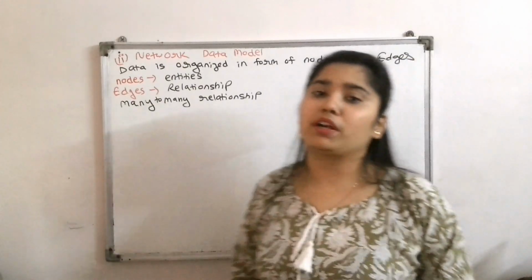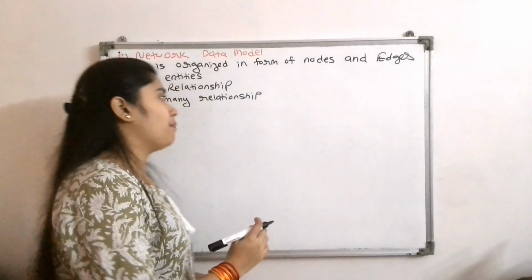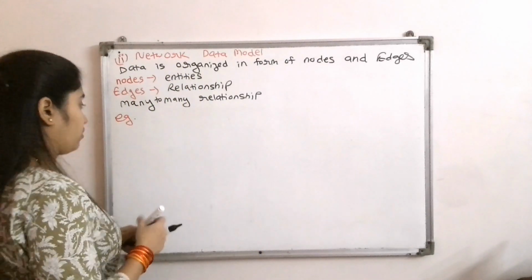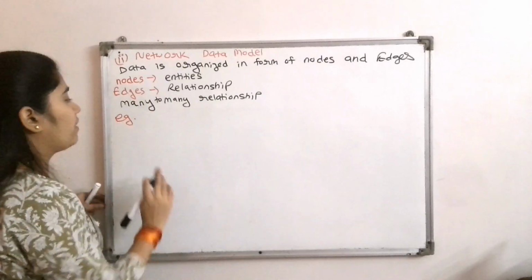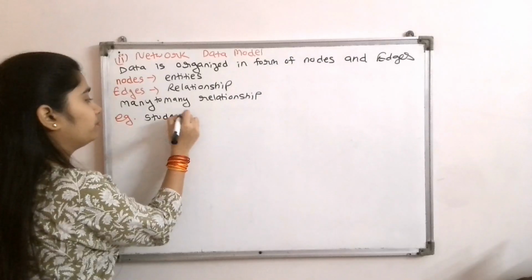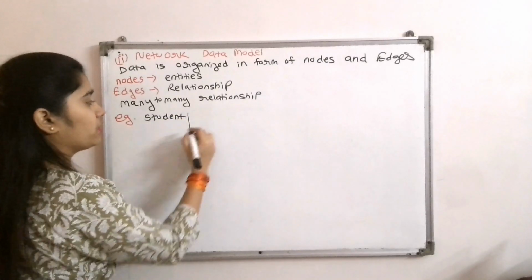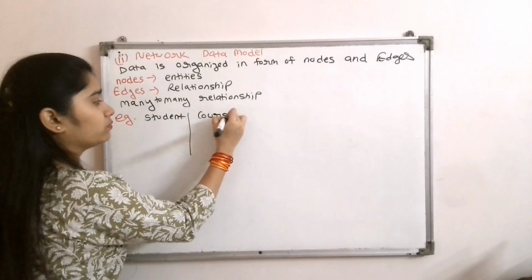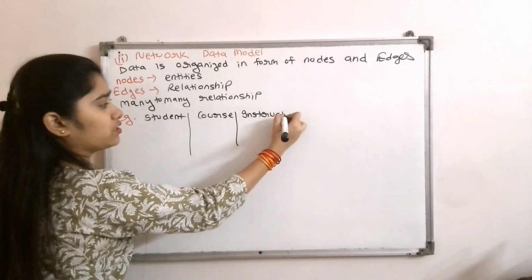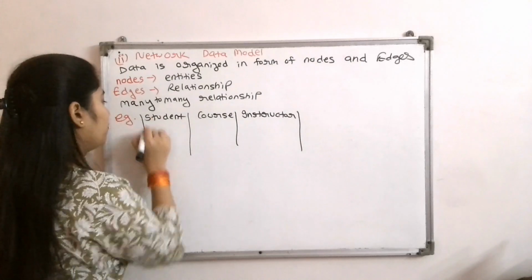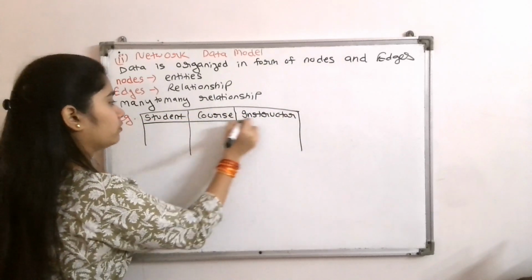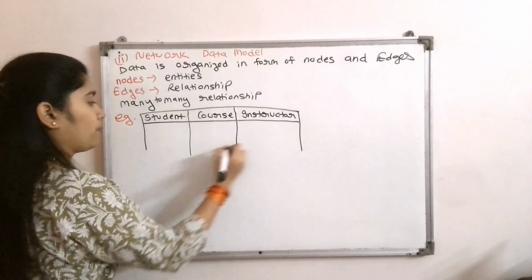Now let's understand the network data model with the help of an example. Suppose we are having a table in which the first column is student, second is course, and third is instructor.